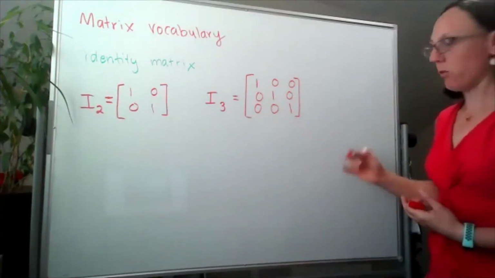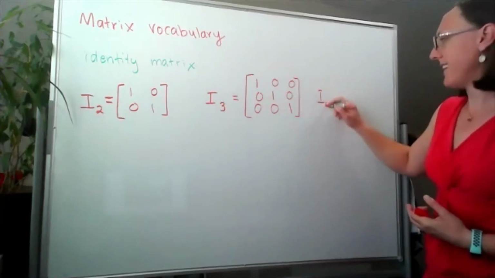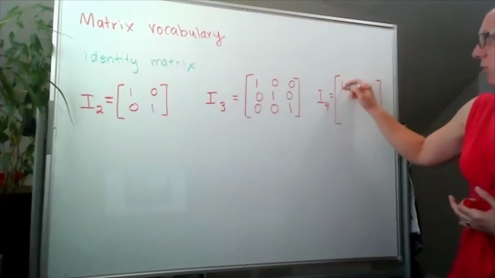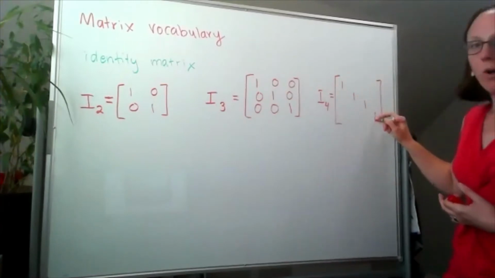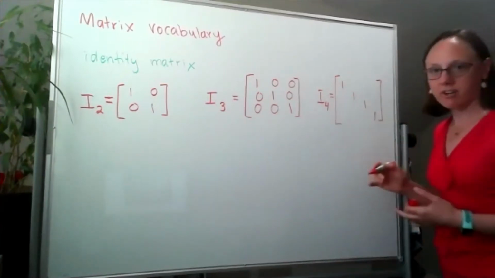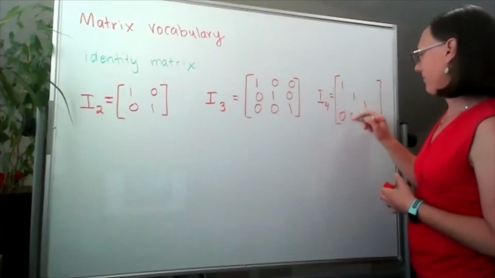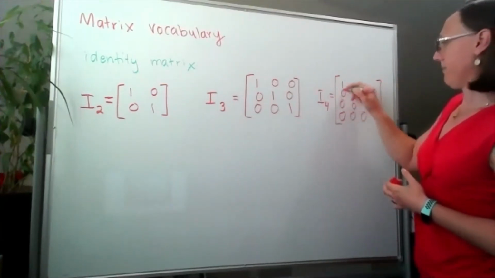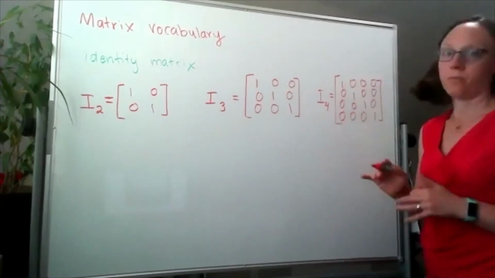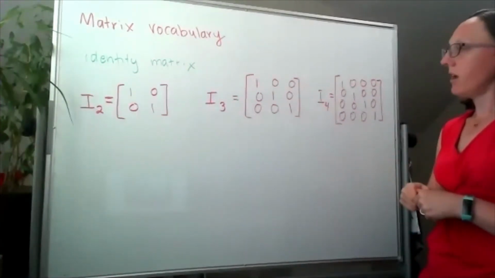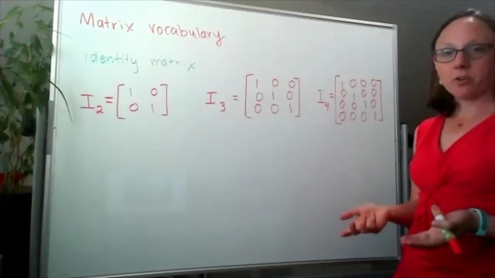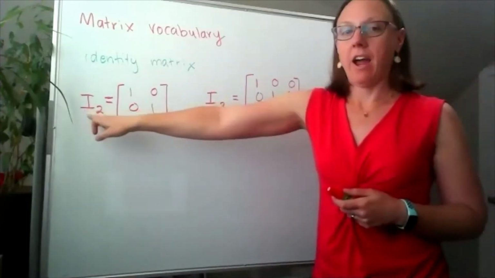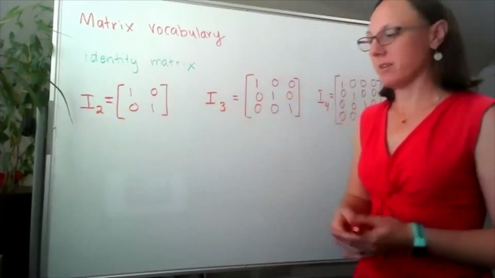If I go to I4, that means I'll have 1, 1, 1, 1, and zeros everywhere else. You might hear it referred to as the identity matrix or just see this notation of an I with a subscript.